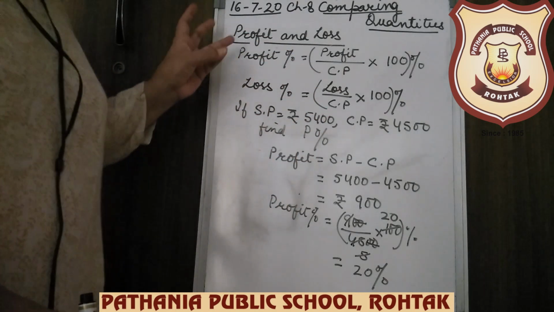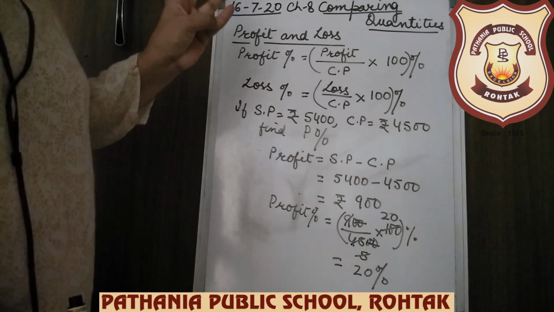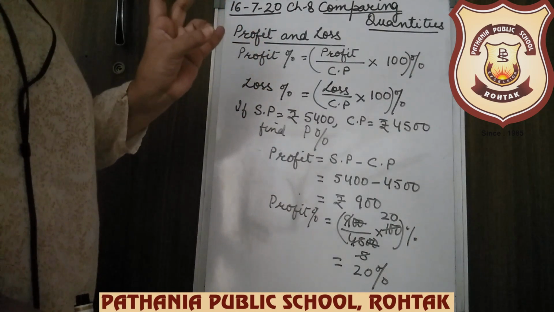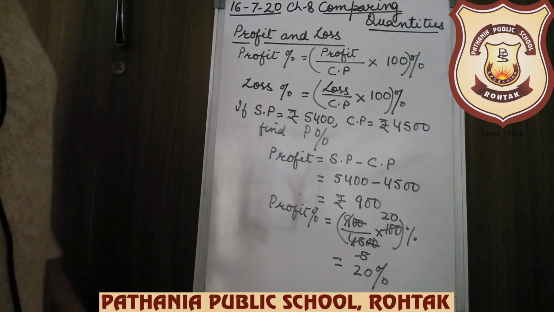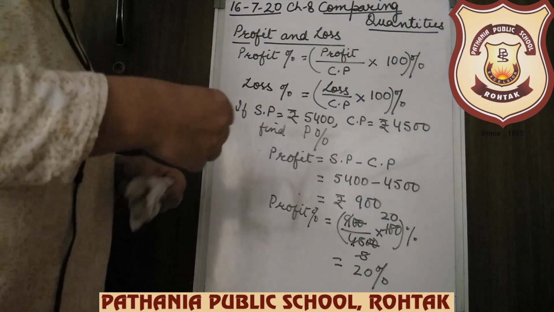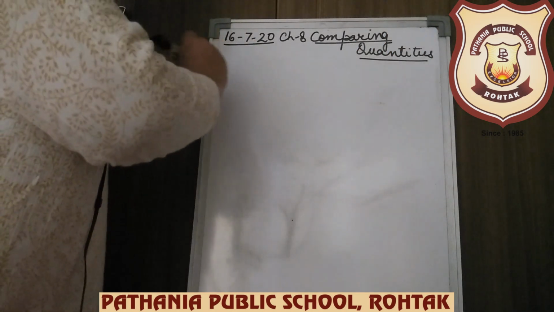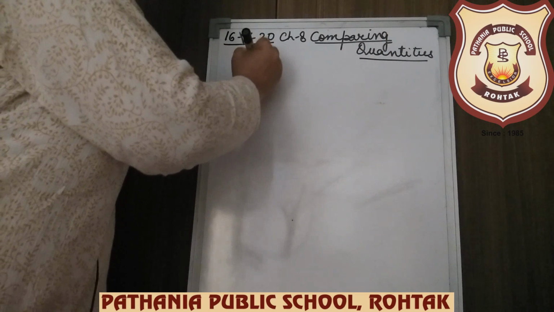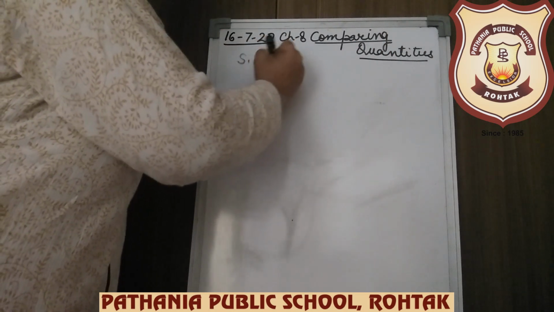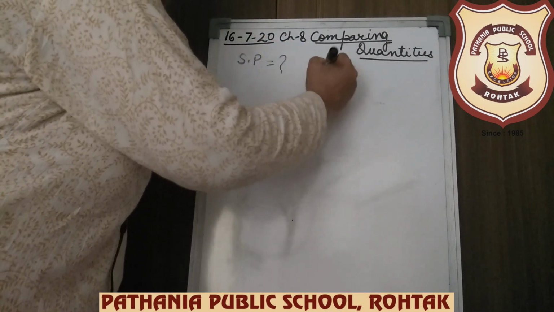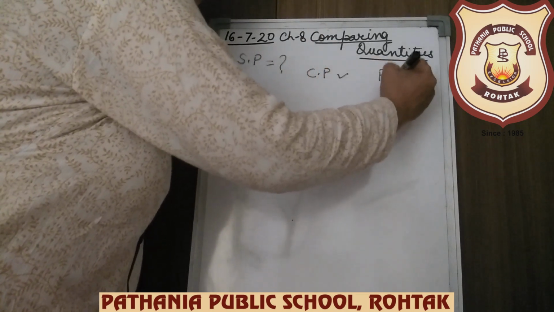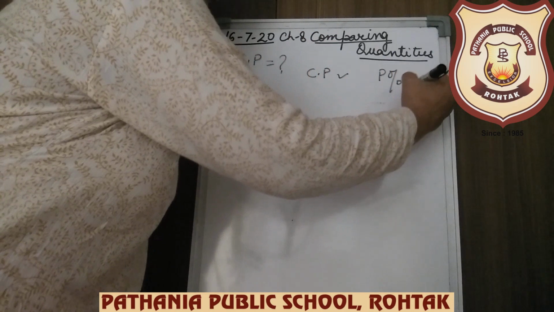So we have learnt how to calculate the profit, calculate the loss, profit percent and loss percent. Now the other thing. Now we will learn how to find SP when you are given CP and profit percent, or it can be loss percent.